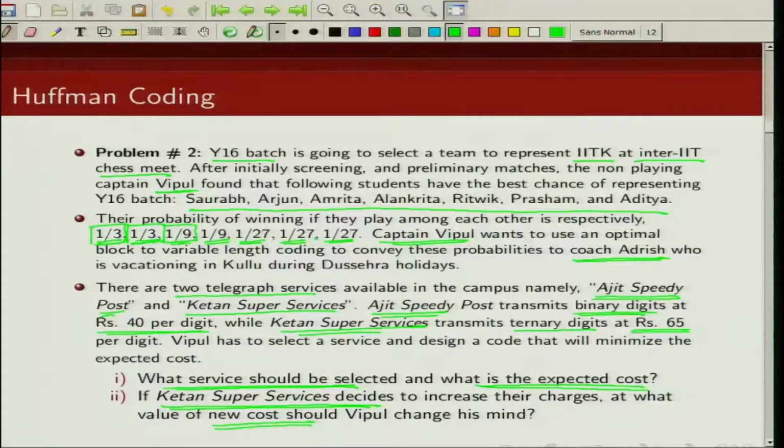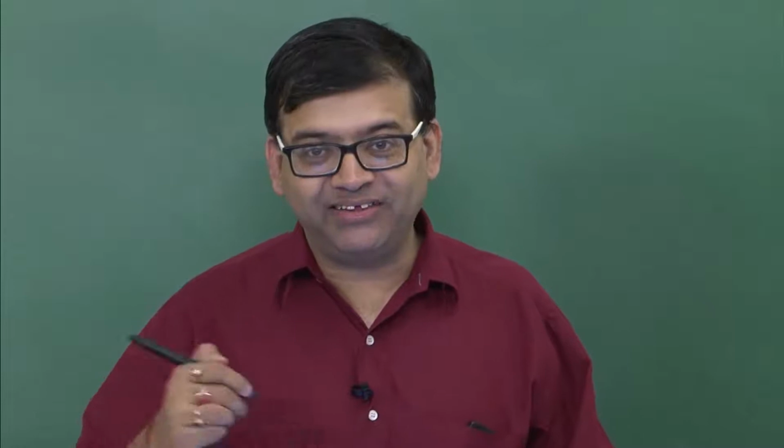In the first case he has to construct a binary Huffman code. In the second case he needs to construct a ternary Huffman code, and then he needs to find out the expected code word length in these two cases, and multiply them by their average cost. That would give him the total expected cost.